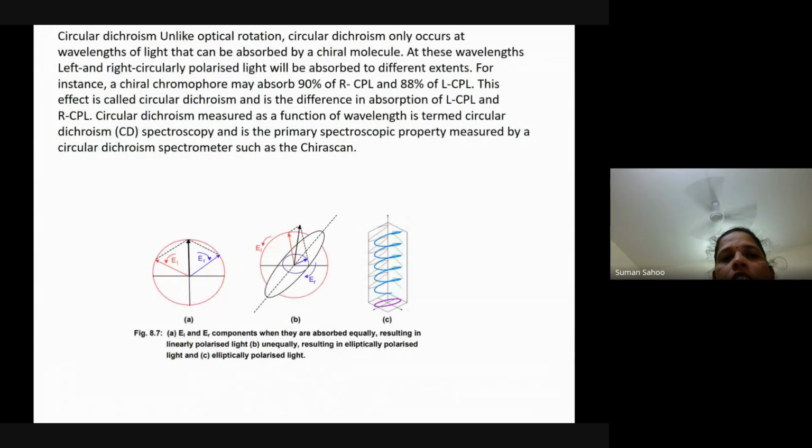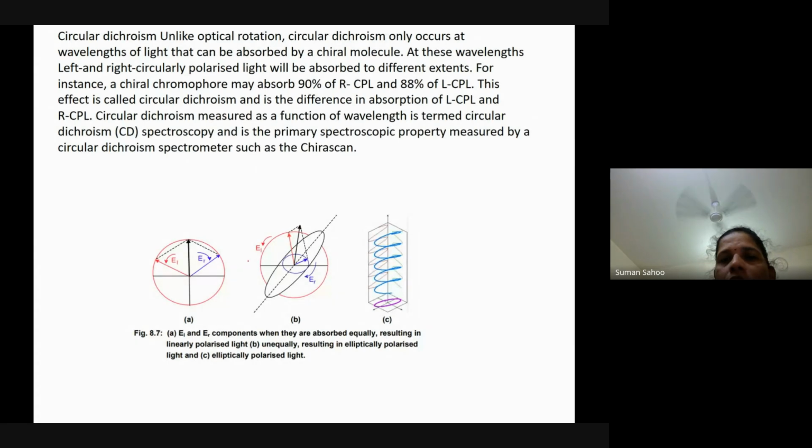In the case of circular dichroism, the left circularly polarized light and right circularly polarized light are absorbed to different extents. For instance, this is the right circularly polarized light and this one is the left circularly polarized light.